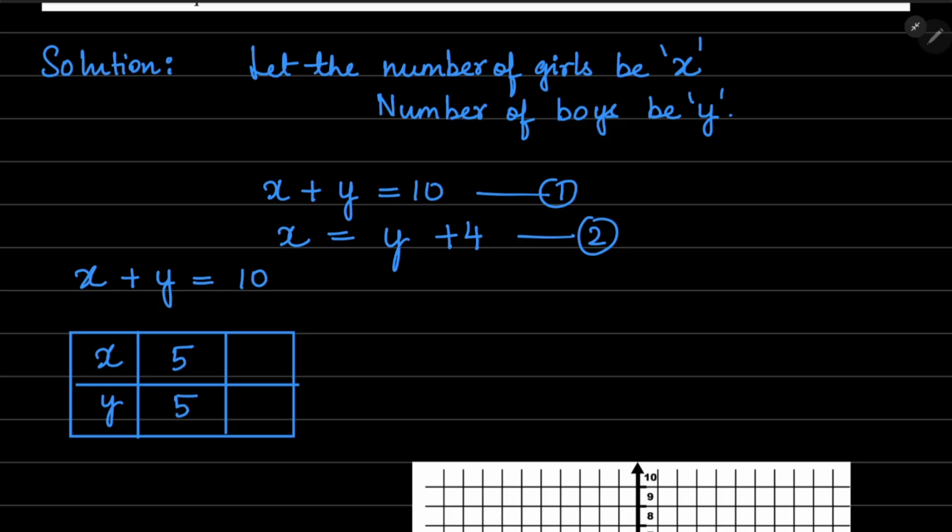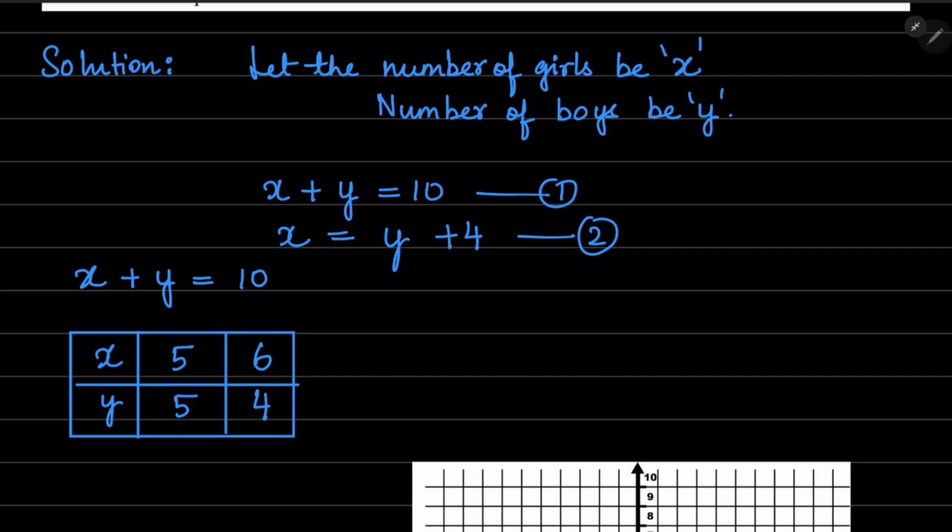So this is your first point. The second one: suppose x is 6, then 6 plus y equal to 10. What will be your y? y will be 10 minus 6, which is 4.